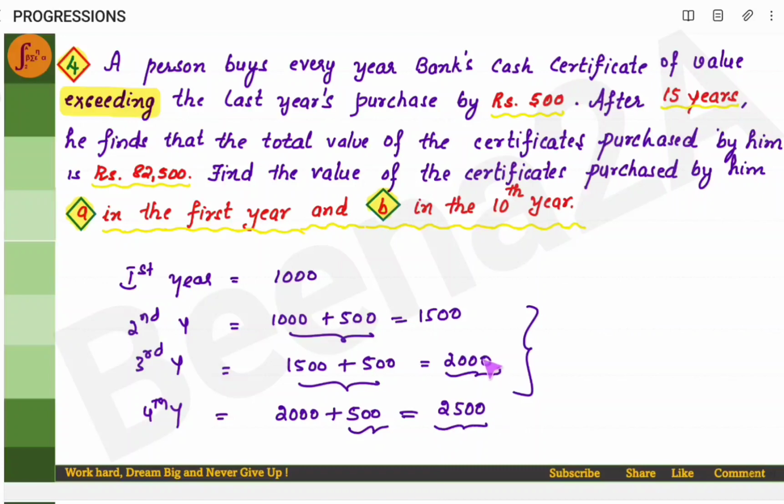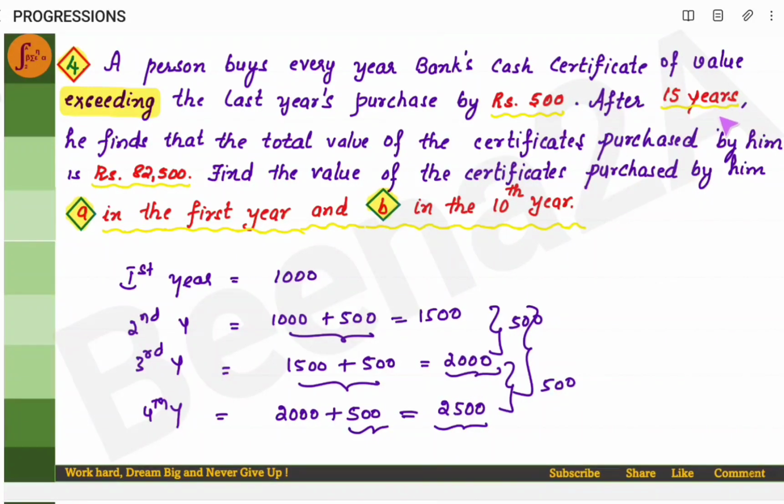This is how he goes. Now this is purely an arithmetic progression, right? Every year there is a constant increase of 500 rupees compared to the previous year's purchase value.